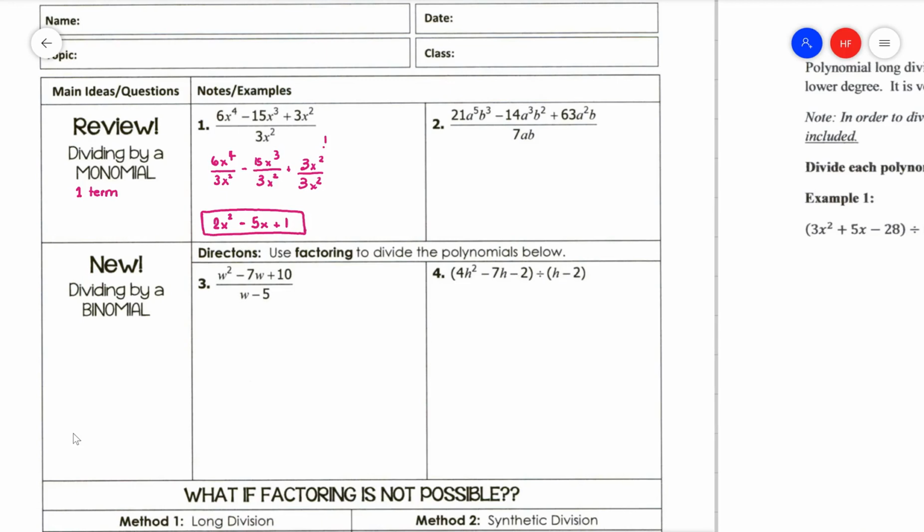Now we'll do the same thing on example 2, because we're dividing by a monomial. This time we have 2 variables. So we just write it out with each term divided by that monomial.